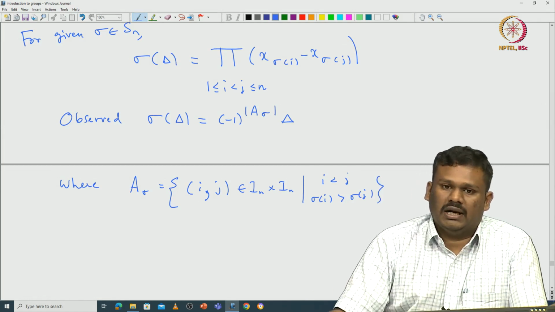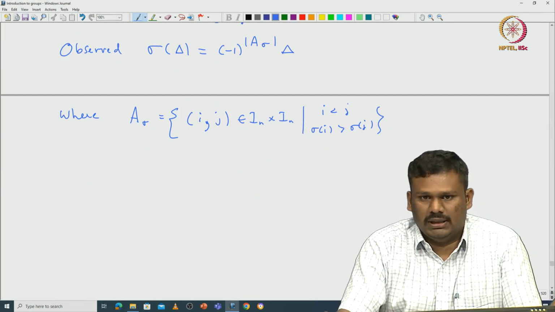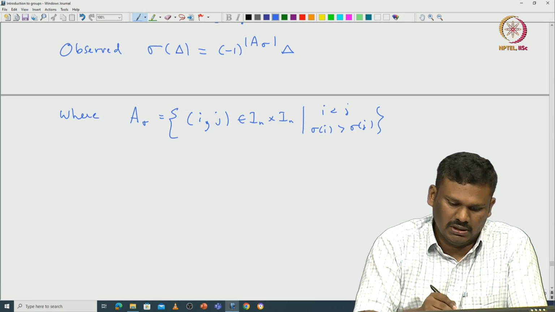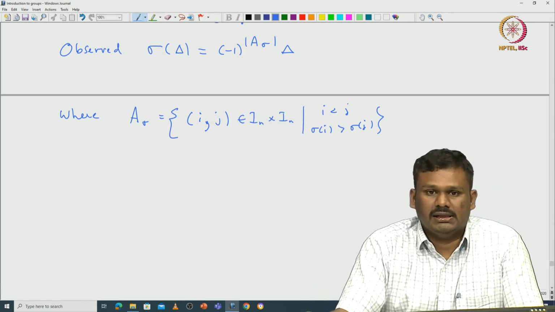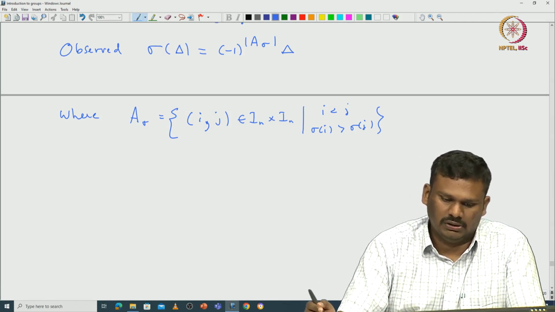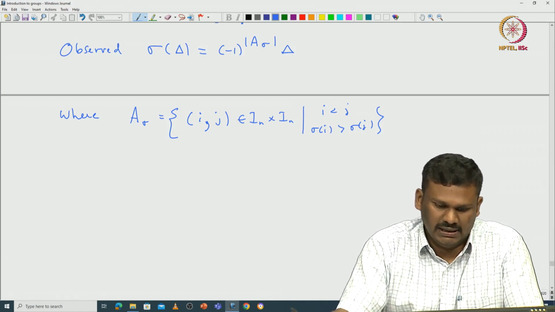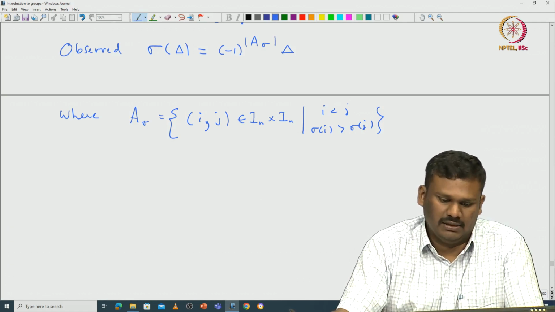So you collect those tuples (i, j) such that when you apply sigma the order is changed. That is called the set of inversions associated with sigma. Then the cardinality of A sigma is involved in this sigma of delta. So sigma of delta, up to a sign, is exactly delta. The sign is determined by the parity of the cardinality of A sigma.